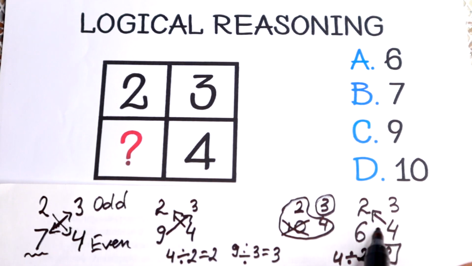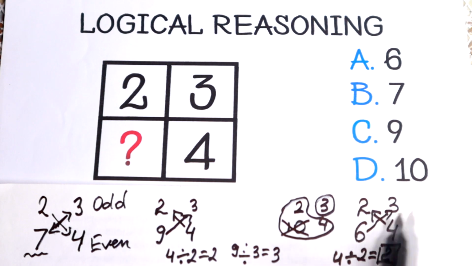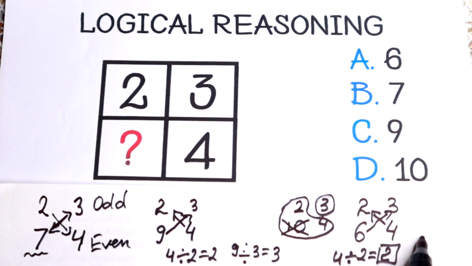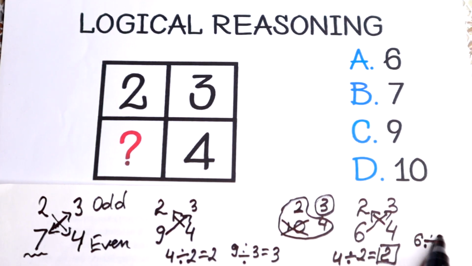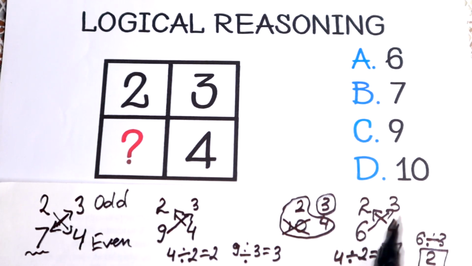And moreover, if we divide 6 by 3 in the same way, as a result we will have 2. So as you can see, this logic works. If we divide crosswise from the bottom to the top, 6 by 3 and 4 by 2, we will have the same answer. So as for me, 6 will be our solution.